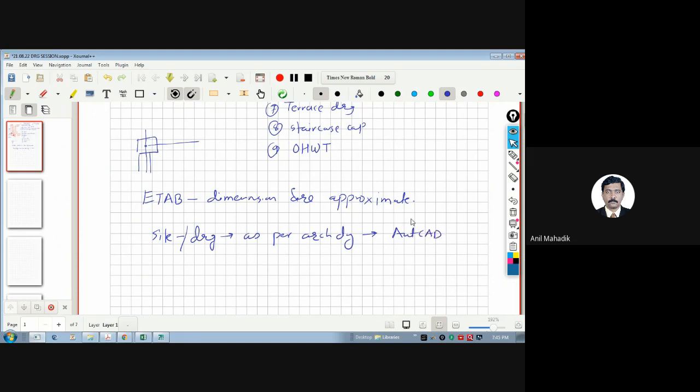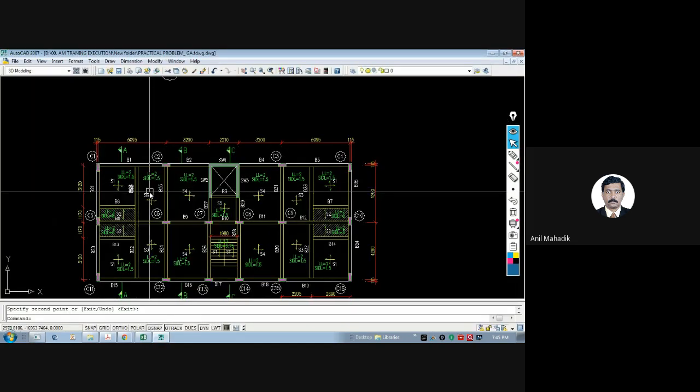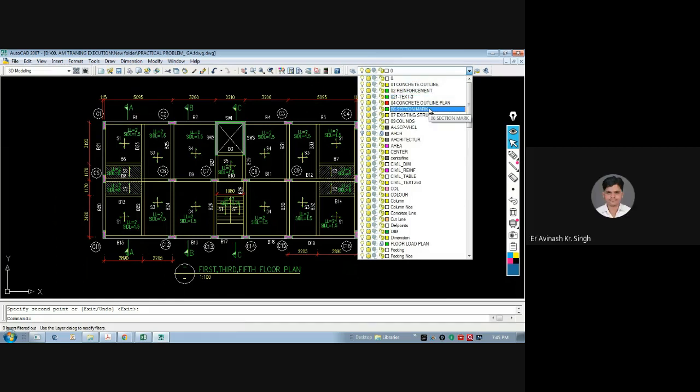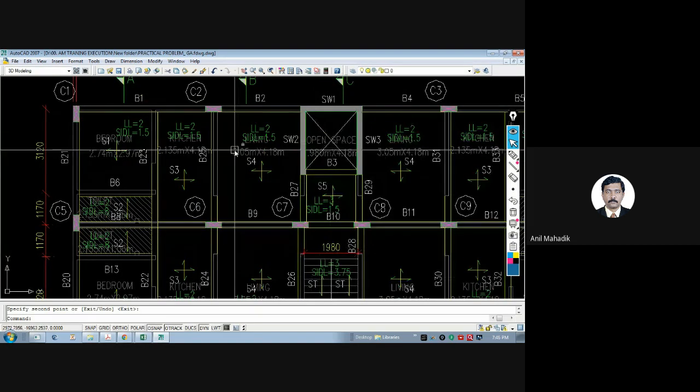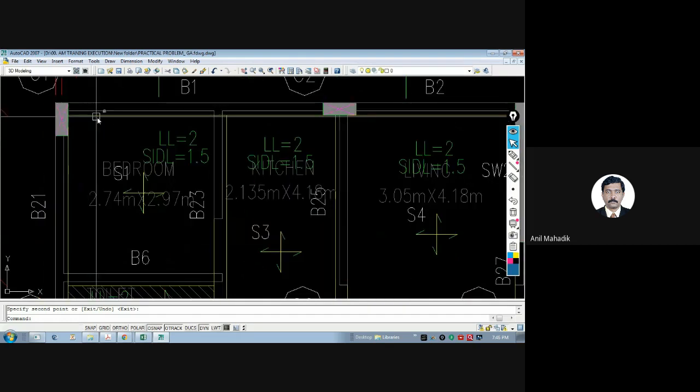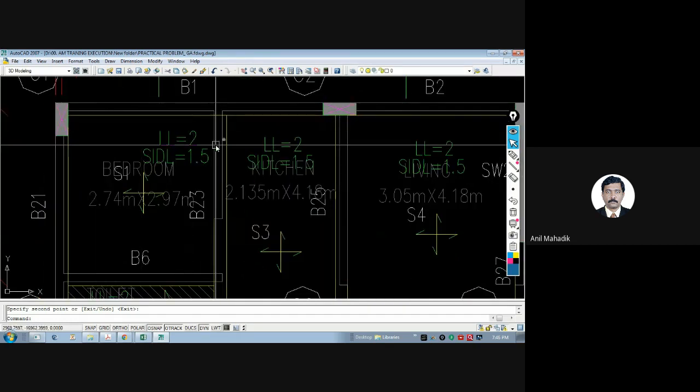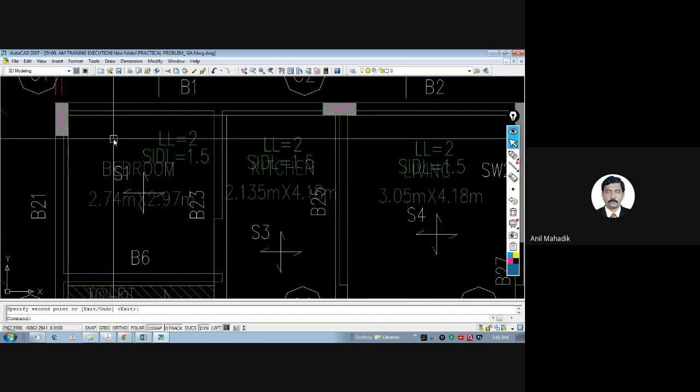AutoCAD gives exact dimensions as per architectural drawings, because we have prepared this structural GA on AutoCAD itself. For example, you can see here, can you see this? The gray color portion is the architectural layer. And we have also developed this beam layout and column layout exactly on the architectural layer.